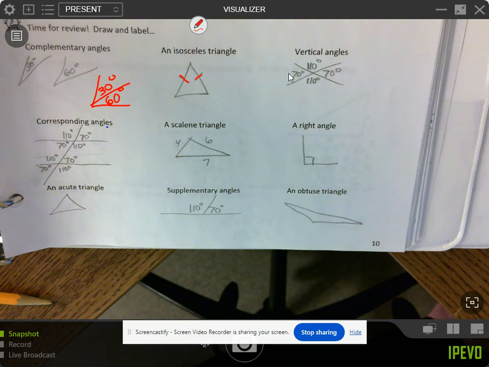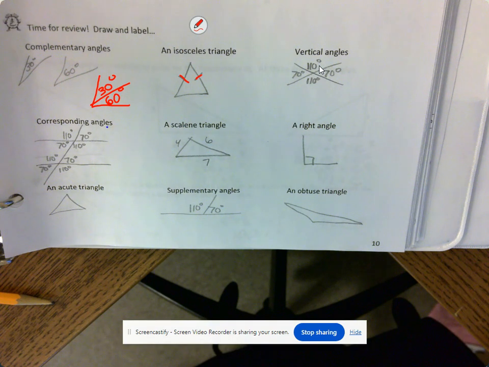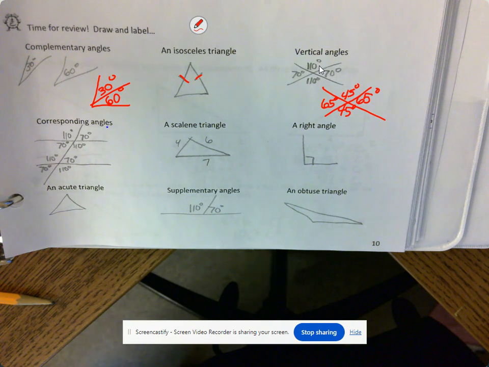So you have to look at your 2 numbers. If you add them together, do they equal 180 degrees? Because on the test, if you put 45, 45, 65, and 65, where opposite angles are equal, would I accept that as an answer?